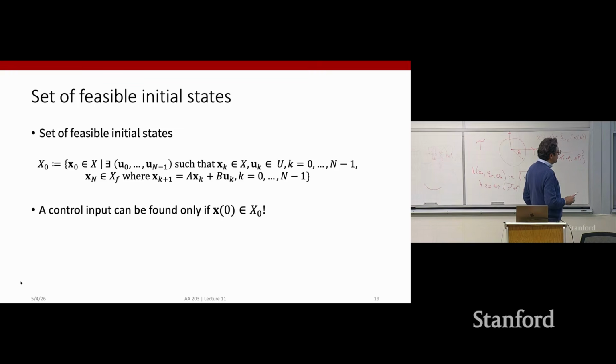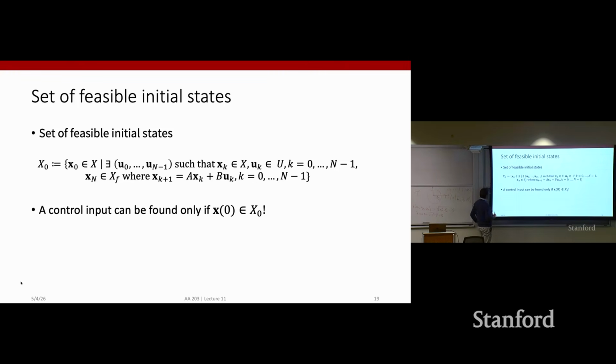We define the set of feasible initial states, capital X0, as the set of states belonging to the set capital X such that there is a feasible control sequence.